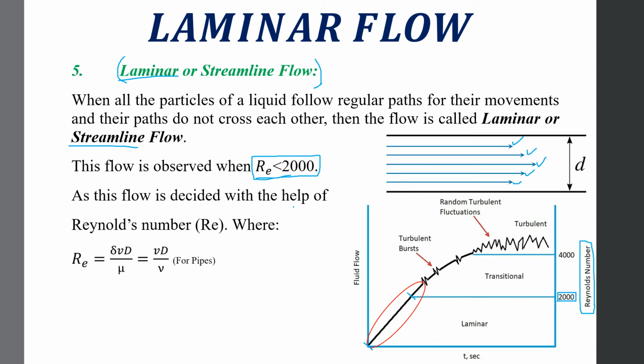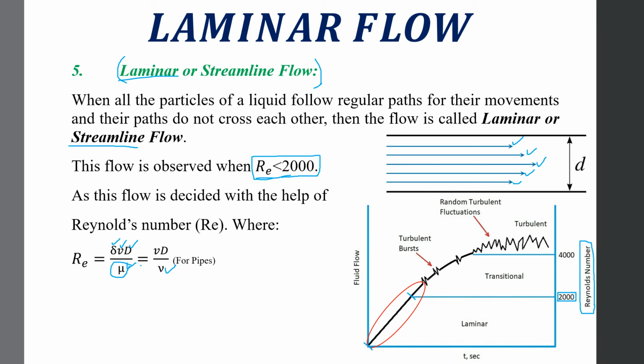For pipes, the Reynolds number is somewhat like this. Here, rho is the density of fluid, V is the velocity of flow, D is the diameter of the pipe, and mu is the dynamic viscosity. This is dynamic viscosity, this is kinematic viscosity. Both of these are related with density.